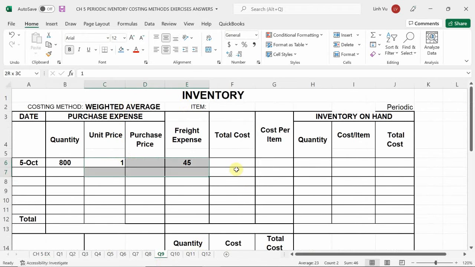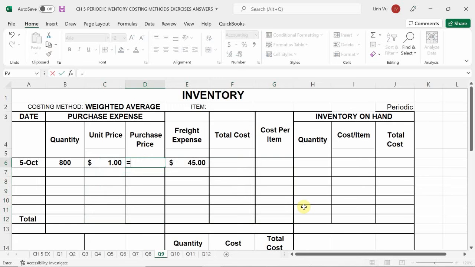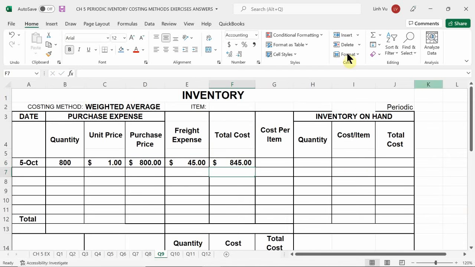In this case, what is my total purchase price? $800, plus 45, is 845, giving me a cost per item. Now, this is only because we're purchasing one batch of inventory.